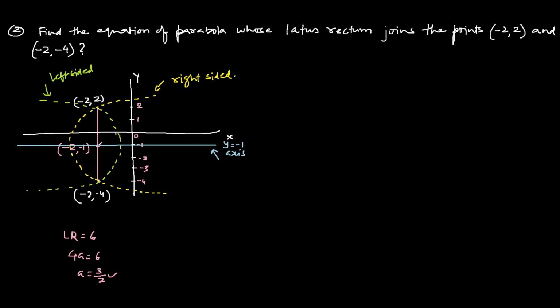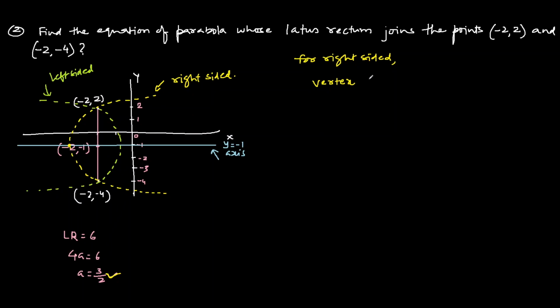Focus is known, axis is also known, and the value of a is also known, 3 by 2, that is 1.5. So we just need to find out the vertex. For the right-sided parabola, this should be the vertex. We know that the distance of the focus and vertex is a.